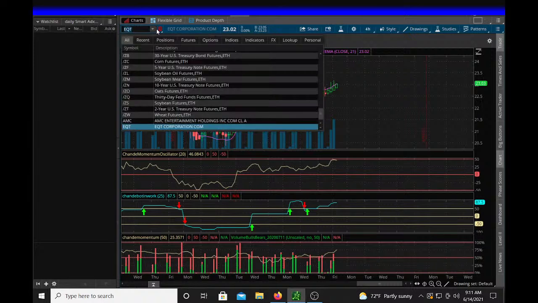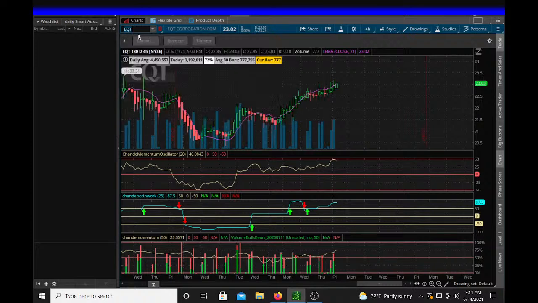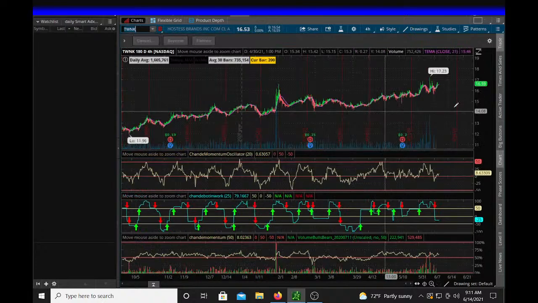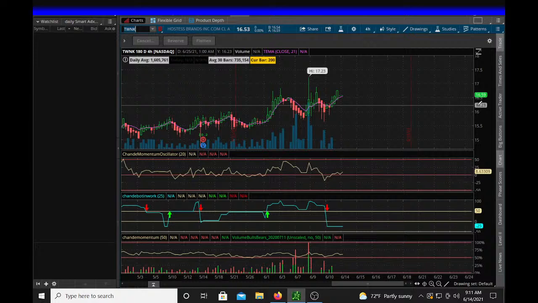Let's go through a couple other ones I want to check out. We're going to check out Twink, which would be Hostess. WNK. Oh, and yeah, DoorDash and Hyliion. Okay, so Twink is in a pullback.